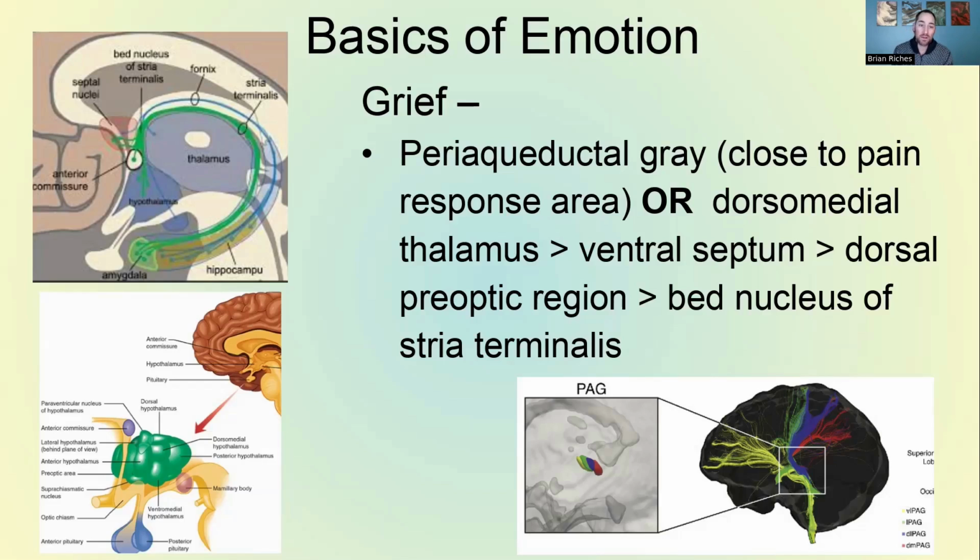Or the dorsomedial thalamus. So that is dorsomedial thalamus. Which one did I have it listed at here? Oh, here we go. So dorsomedial thalamus, the ventral septum, and dorsal preoptic regions. So optic is going to be closer to the eyes over here. And then again, the bed nucleus of the stria terminalis.